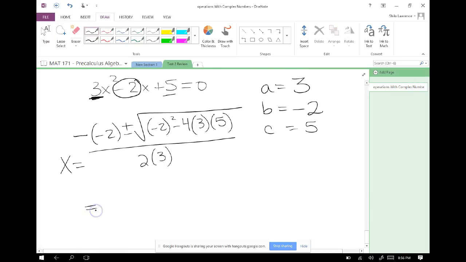And now I'm just going to start simplifying this. So I've got negative 2, that's actually positive 2. Negative 2 squared is positive 4. And then 4 times 3 times 5 is 60. And then 2 times 3 is 6.